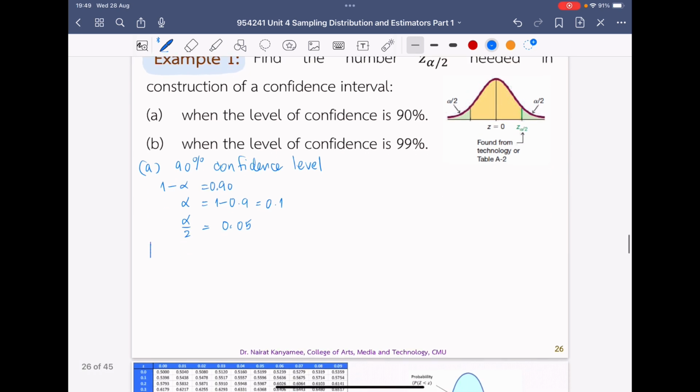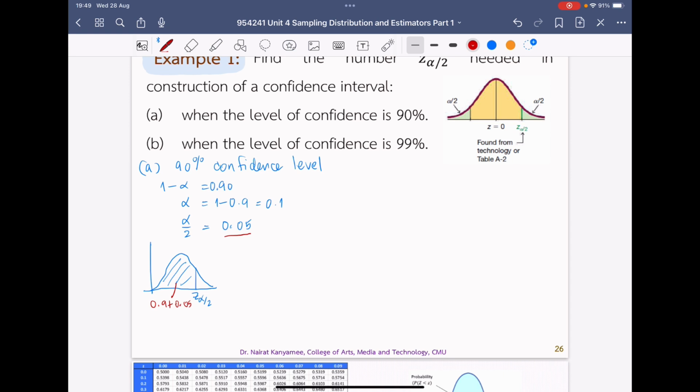We are looking for the z value so that the area here, we have a tail here, right? So that the area here is going to be 0.9 plus alpha over 2, 0.05.